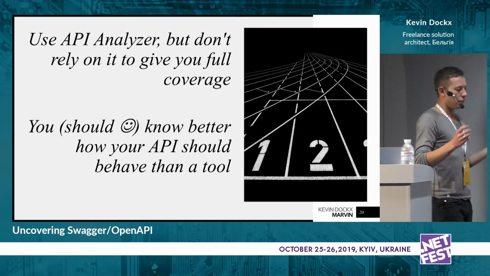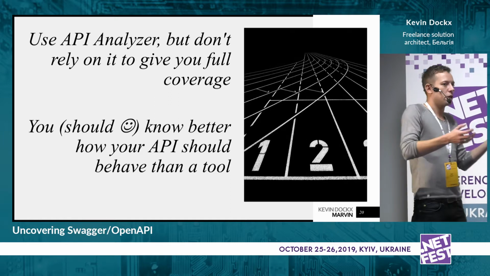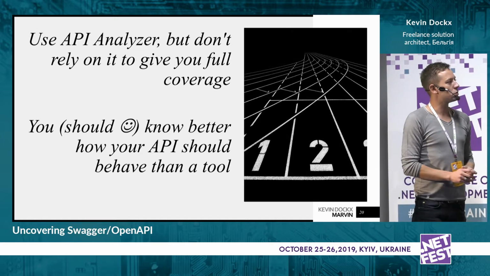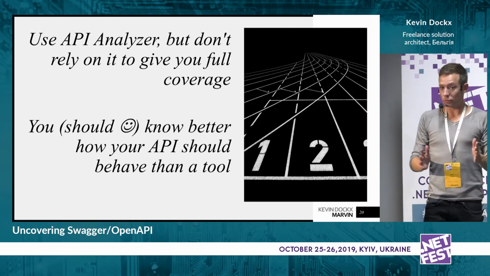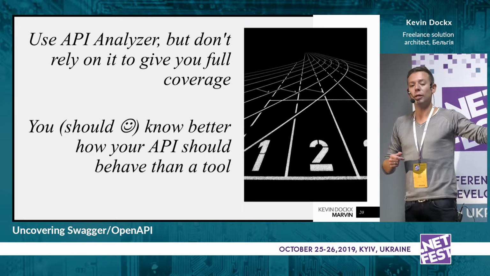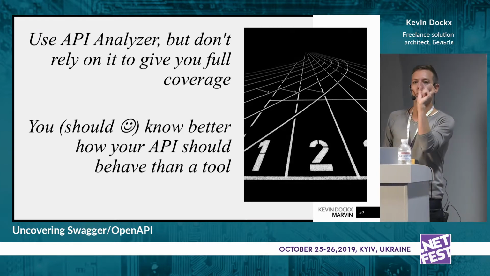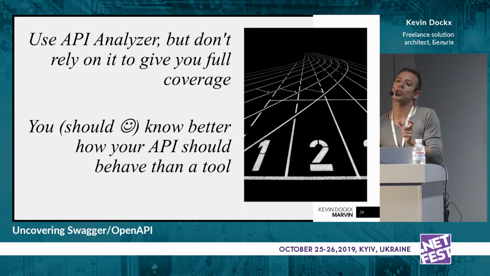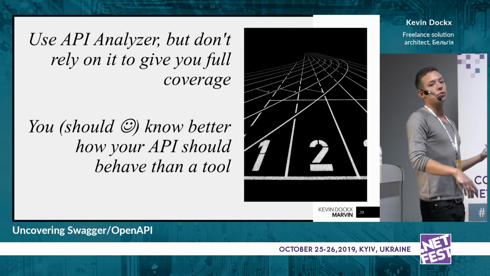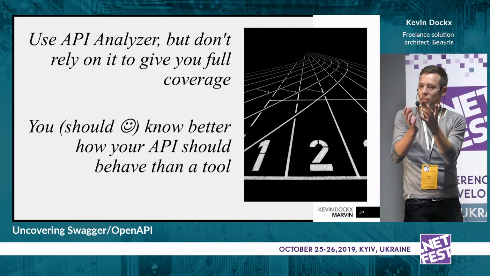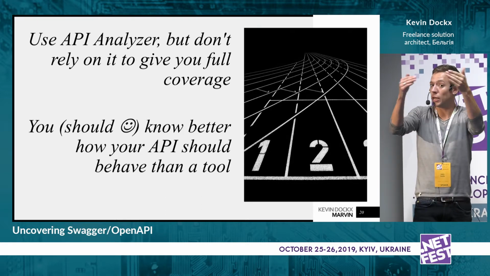And that's because those analyzers, and it's actually the way they implemented it with Roslyn, they only look at your controller. They don't look at what's defined globally. And they will also only look at the moment at what you specifically return from your action methods. So if you return a 404 Not Found, it will see that and it will try to add a ProducesResponseType attribute.